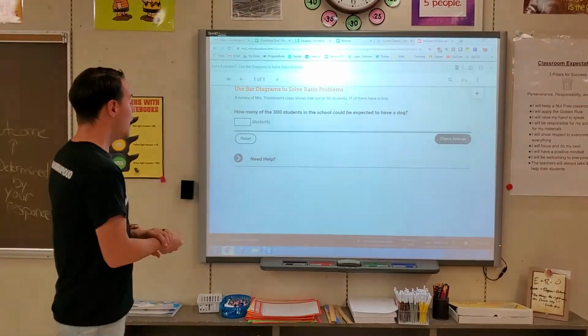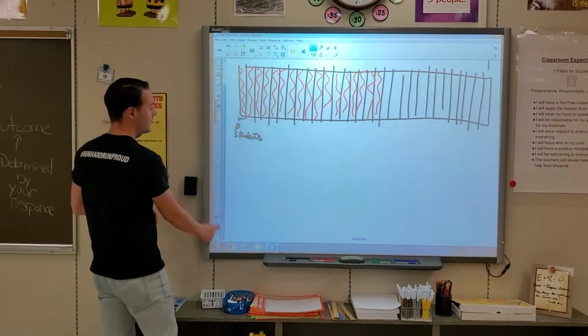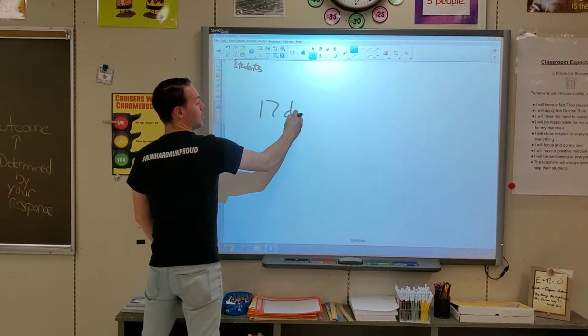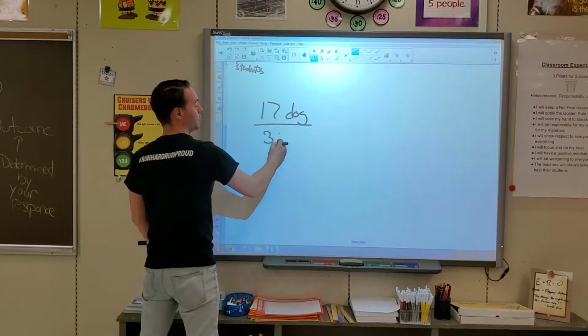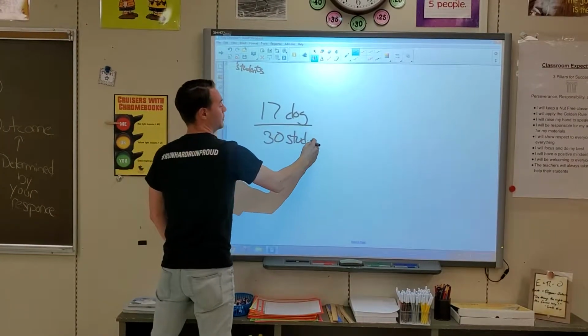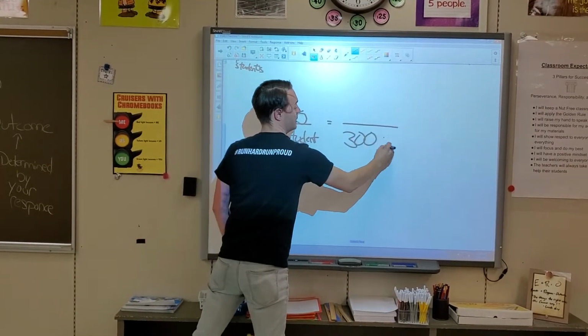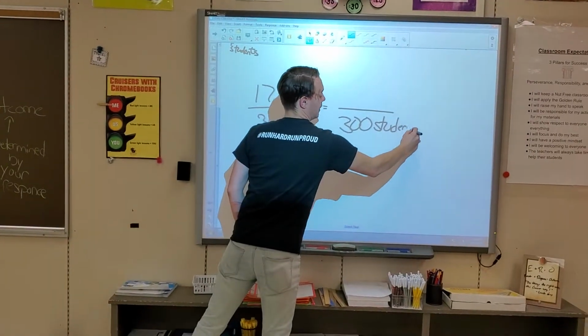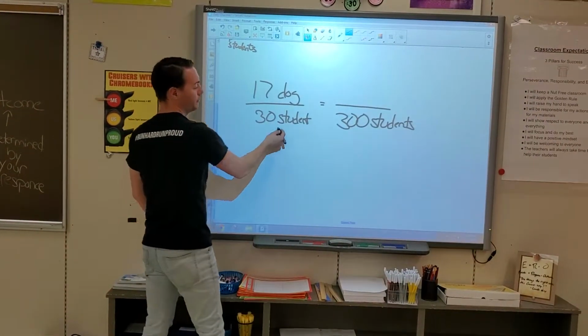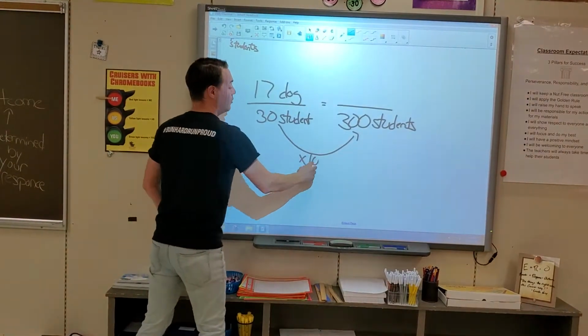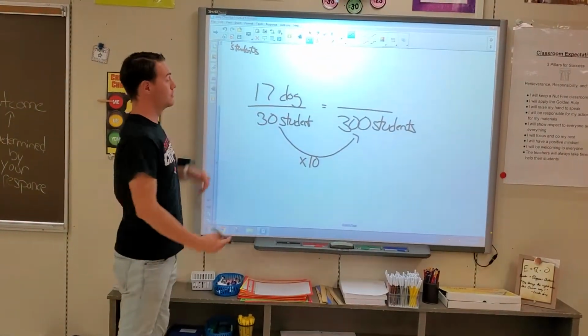I can back this up with the math that we have done in class. 17 have a dog out of 30 students. If I want to take that out of 300 students, how do I go from 30 to 300? I multiply by 10. When I do the bottom, I must do to the top.